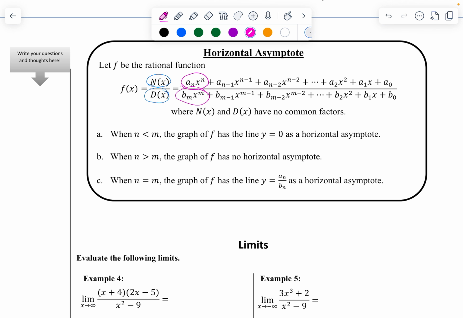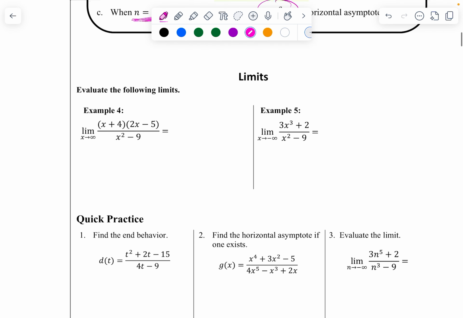So again, if the numerator degree is less than the denominator degree, then the line y equals 0 is a horizontal asymptote. If the numerator degree is bigger than the denominator degree, there's no asymptote. And if the degrees are the same, then we use the ratio of the leading coefficients as the horizontal asymptote.